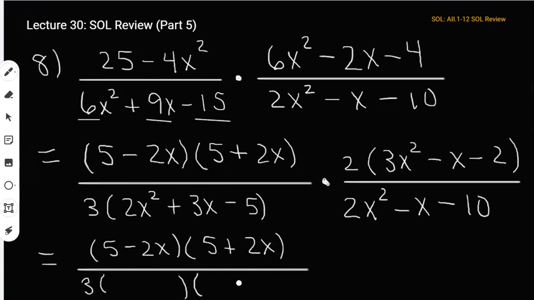And then I want to see if I can factor this. So to multiply to 2x squared, I'm going to need a 2x and an x. If I'm trying to multiply to 5, I'm going to need a 5 and a 1. I'll put the 5 right here and the 1 right here.